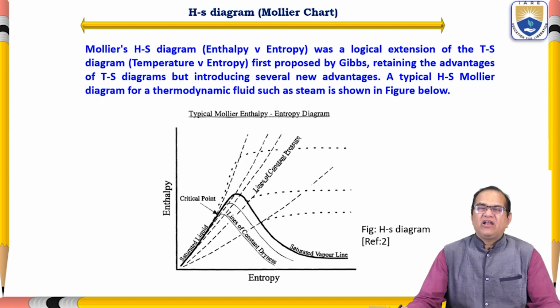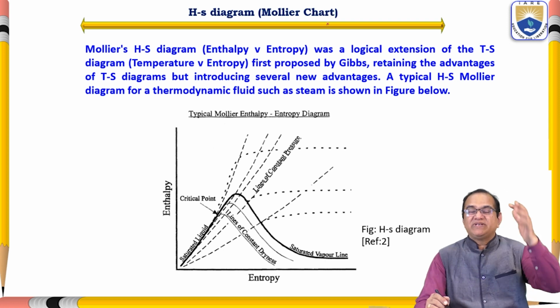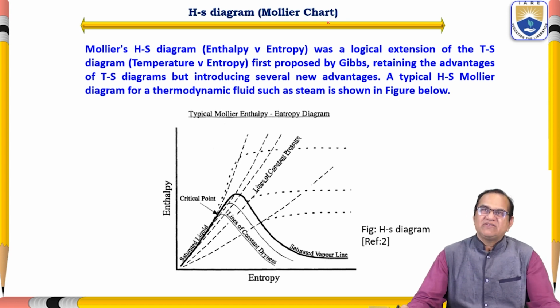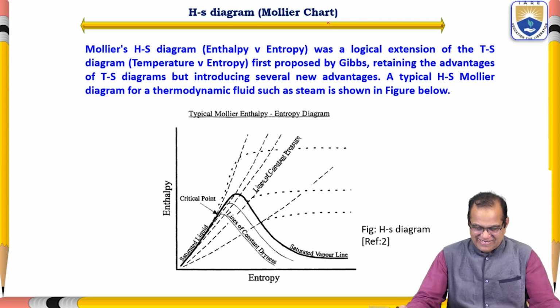Now the enthalpy and entropy diagram is called the Mollier chart. It is the introduction for the Mollier chart. Further we will be discussing it in our next topic. In the next lecture we will be showing some real examples, and then we will see it.